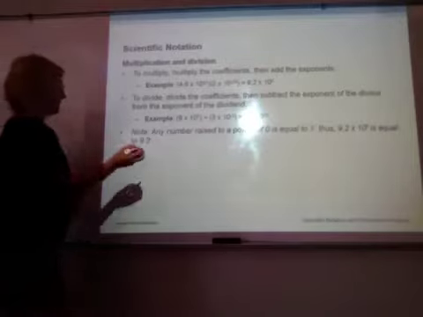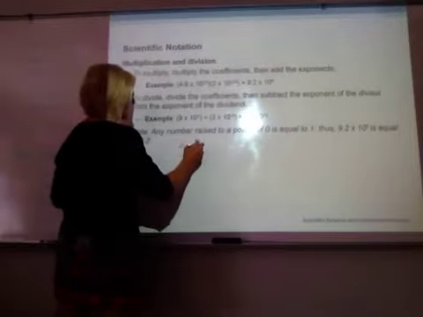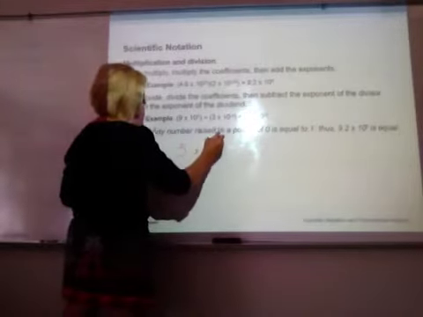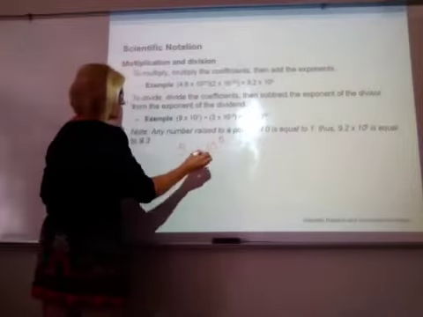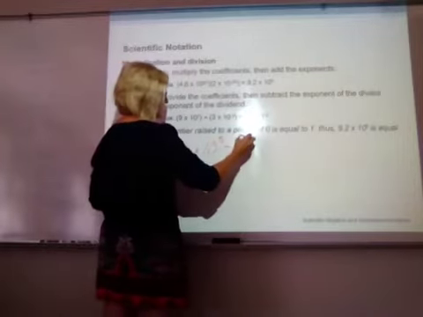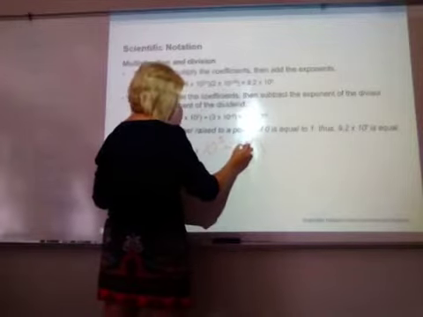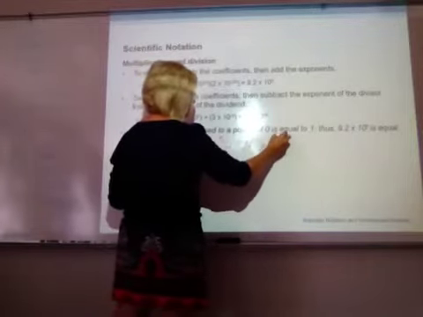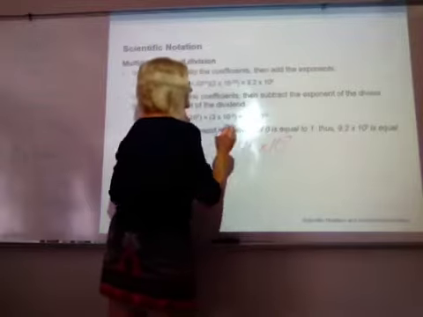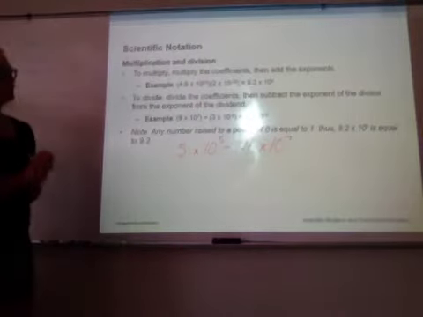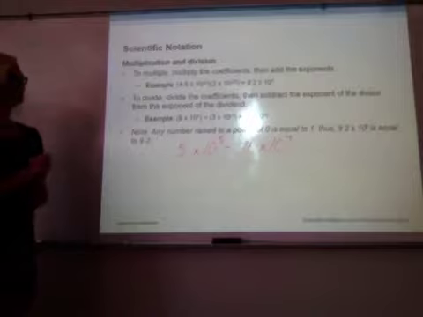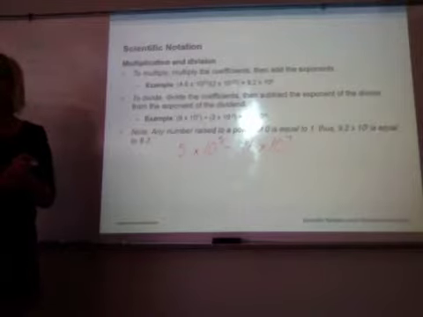So if I had, I'll pick something, let's say I have 5 times 10 to the 5th, and I want to subtract 0.4 times 10 to the 7th. Okay? Which one do you want to keep, the 5 or the 7?